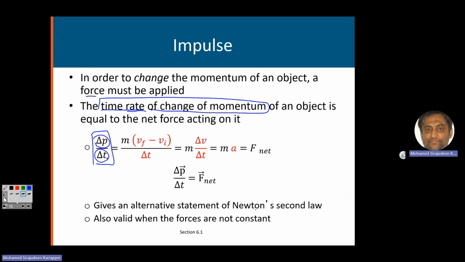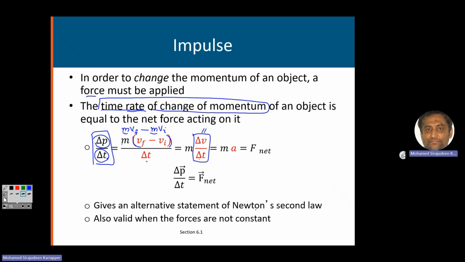And P is mass multiplied by velocity. So delta P will be final momentum minus initial momentum. And m is the common factor. I can take it out. So it becomes mass multiplied by change in the velocity, divided by the time.